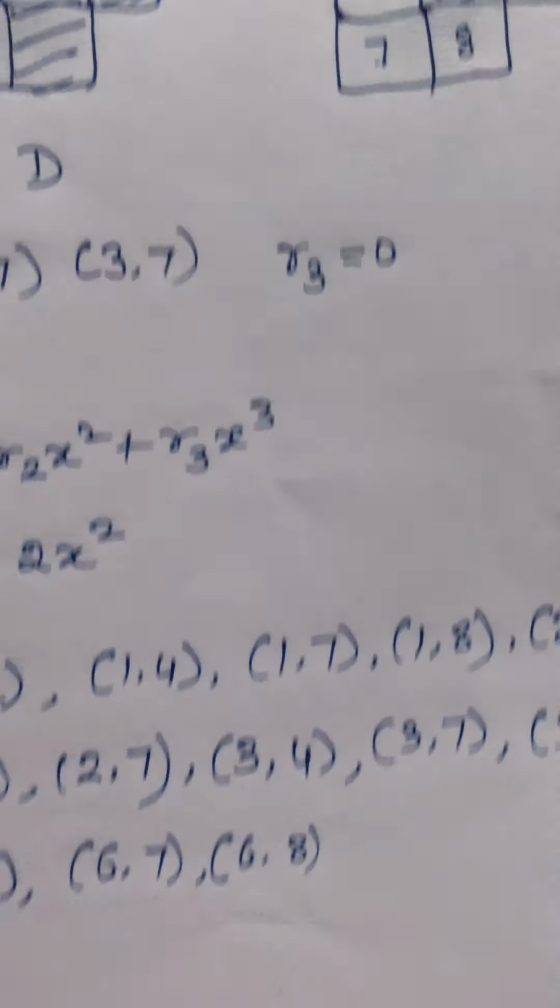Next, starting from 2, do we have any? 2, 6, 7. Okay, next 2, 4, 8 is not possible. Next we have 3, 4, 8.